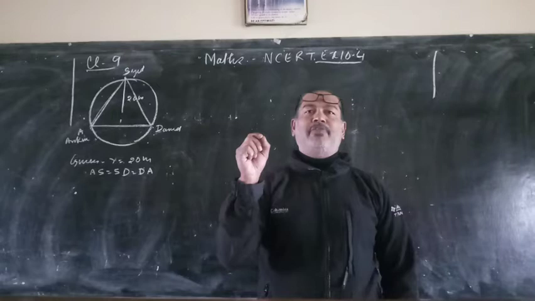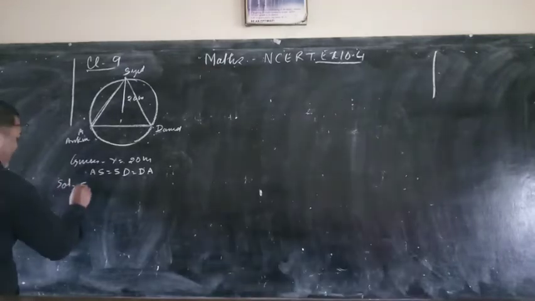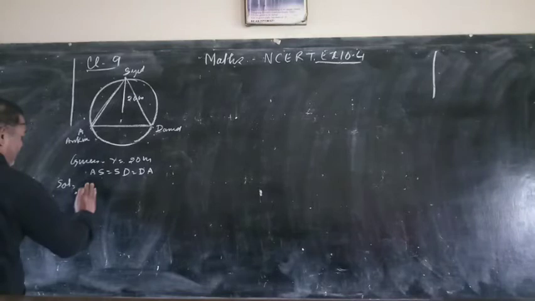We have to mention that the center of the circumscribed circle of an equilateral triangle is the centroid of the triangle. Okay. And what is centroid?